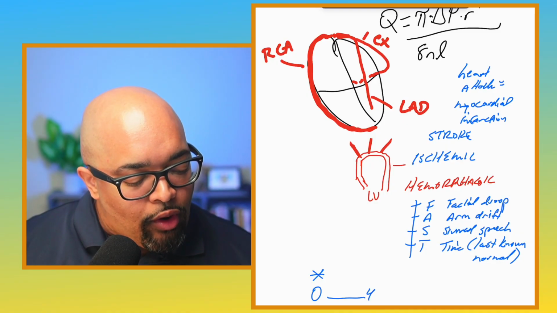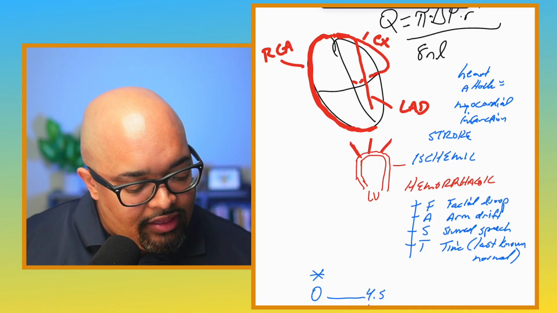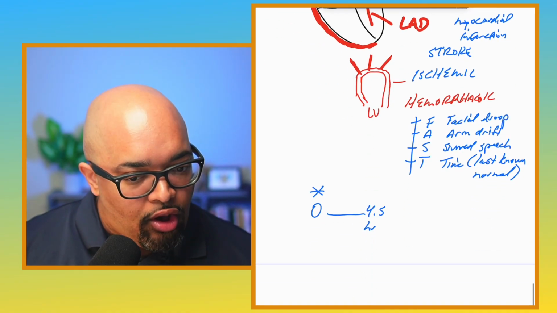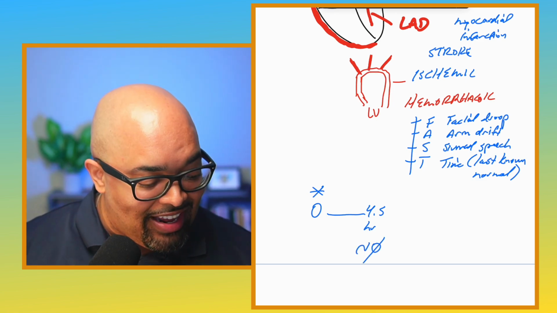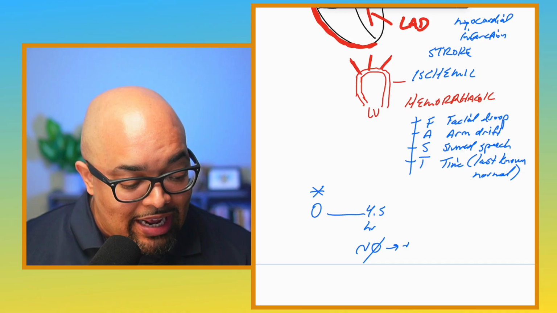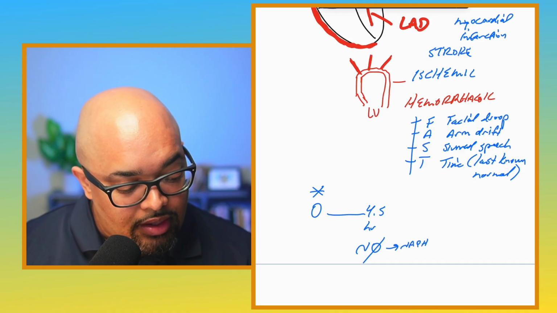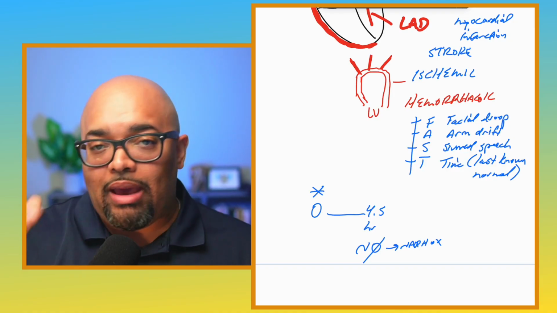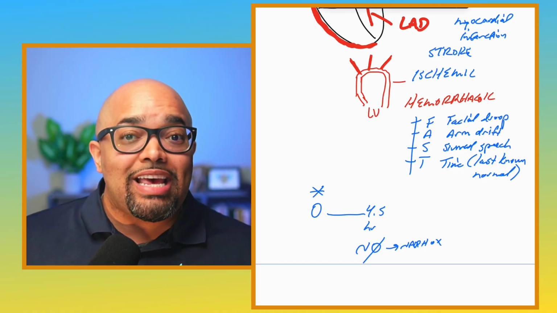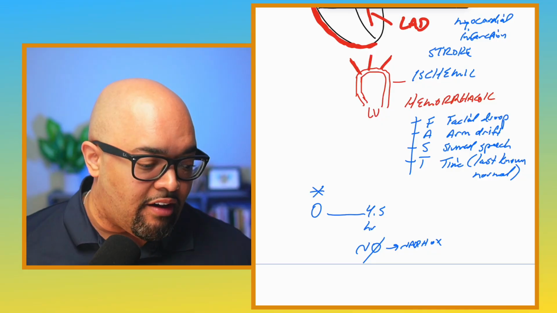Well, about 4.5 hours later, this cell type called neutrophils shows up. Neutrophils come in and they bring an enzyme with them called NADPH oxidase. NADPH oxidase causes all kinds of free radical damage. Basically, it just comes in and wreaks havoc and starts destroying stuff.